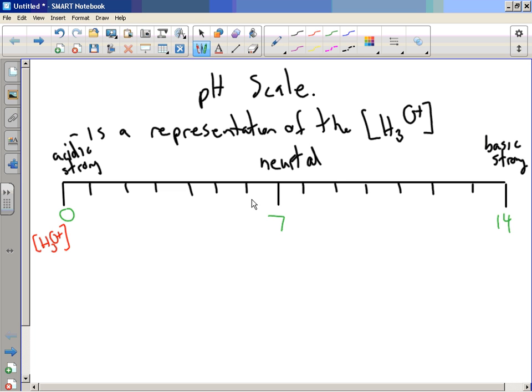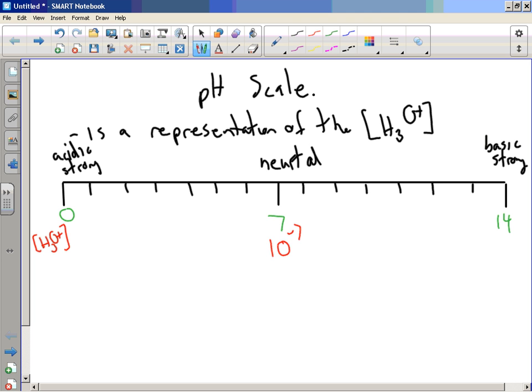We know that the pH of neutral is 7. But the question is, what's the concentration of H3O plus? Now, there's two interesting things, because you might first think that the concentration of H3O plus at neutral is 0, but that's incorrect. The concentration of H3O plus at 7 is 10 to the exponent negative 7.